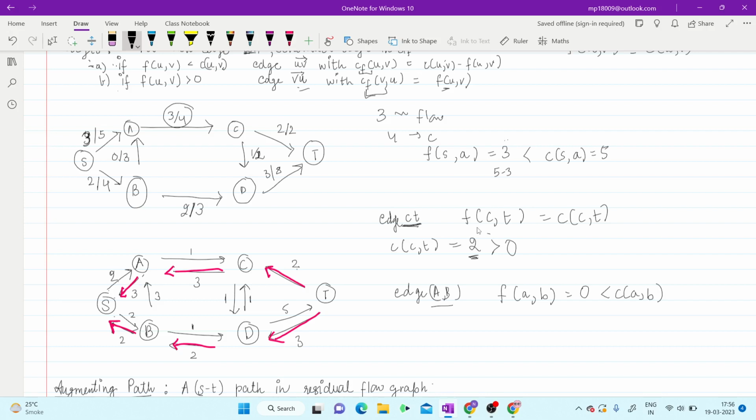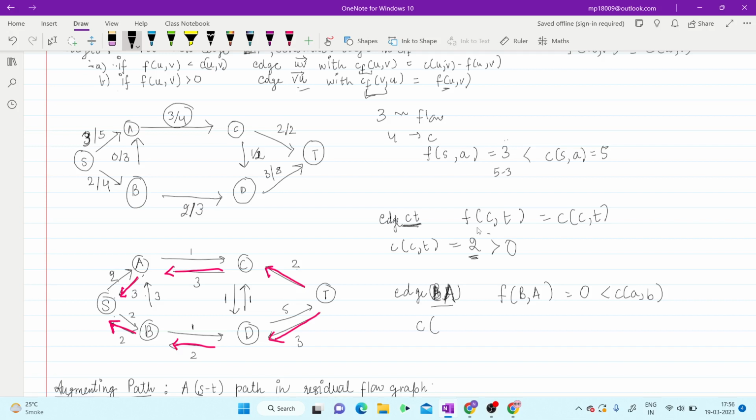Therefore, in the residual flow diagram we will have an edge in the direction BA with the capacity which is the difference, 3 minus 0, 3.